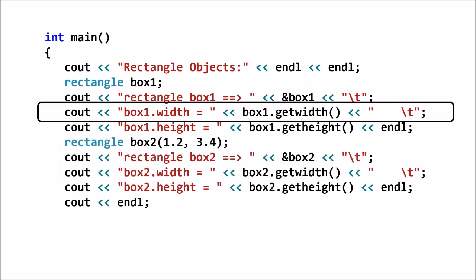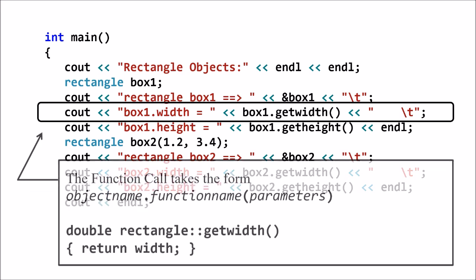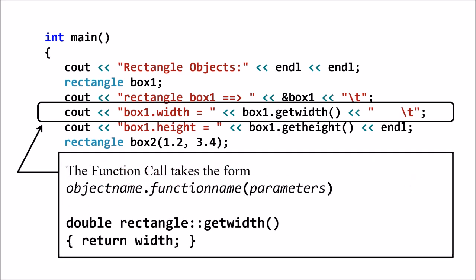This line of code prints out a bit of text, and then it performs a function call to the getWidth function, and that function call follows this format.